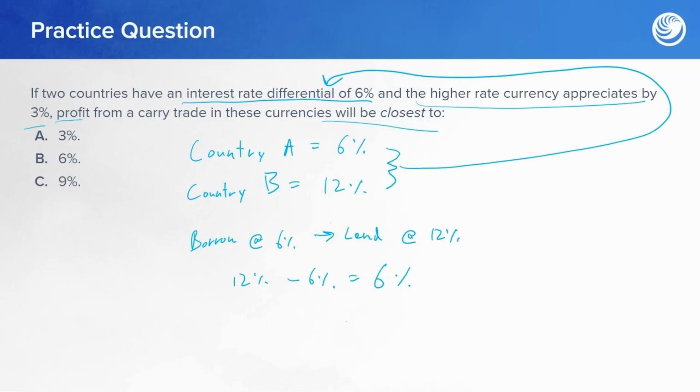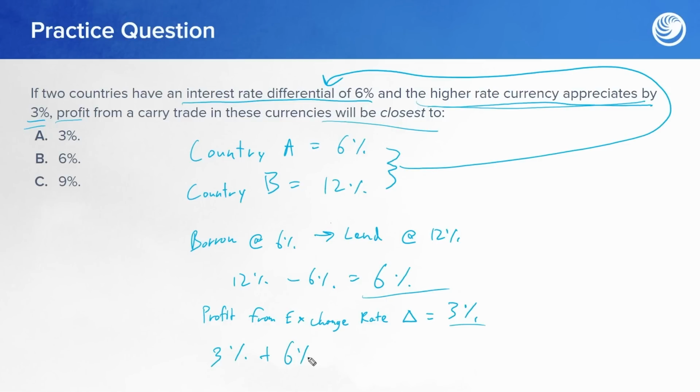Now, if the uncovered interest rate parity had held, we'd actually see the higher rate currency depreciate by 6%. But that's not what happened. If it depreciated by 6%, then we'd subtract 6% from the currency exchange rate changes, but it actually went up 3%. So our profit from the exchange rate change is actually going to be 3%. So we made 6% on our lending and borrowing and 3% on our profit from the exchange rate change. So our total profit is going to be equal to 9%.